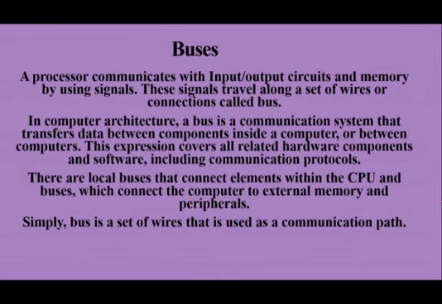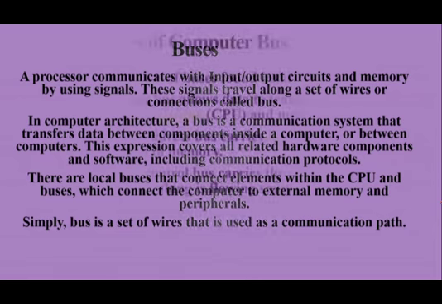This expression covers all related hardware components and software, including communication protocols. There are local buses that connect elements within the CPU and buses which connect the computer to external memory and peripherals. Simply, a bus is a set of wires that is used as a communication path.